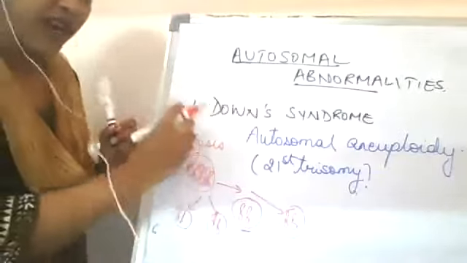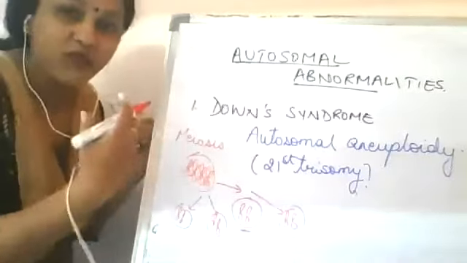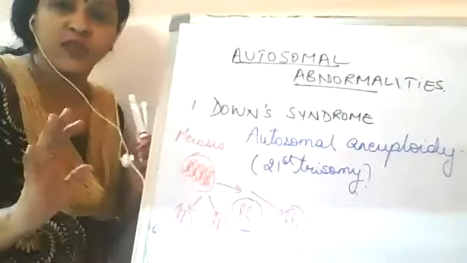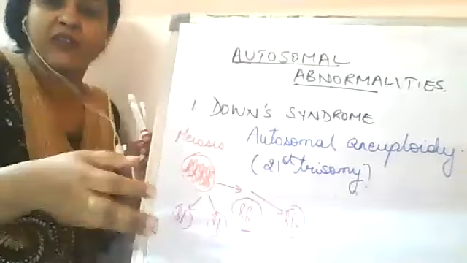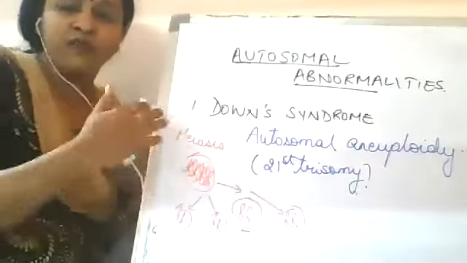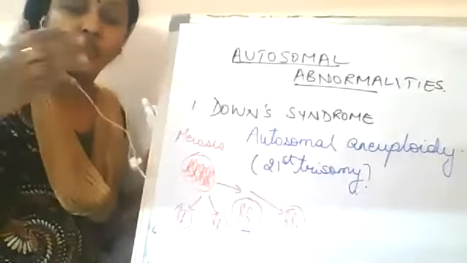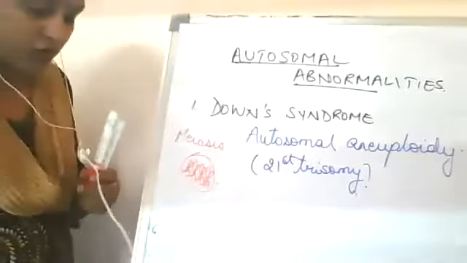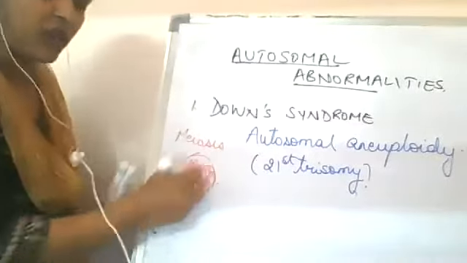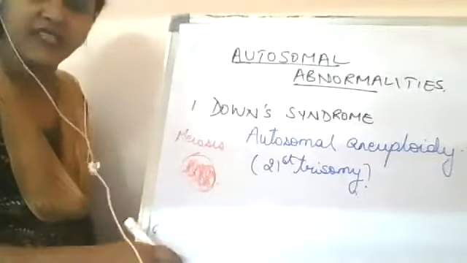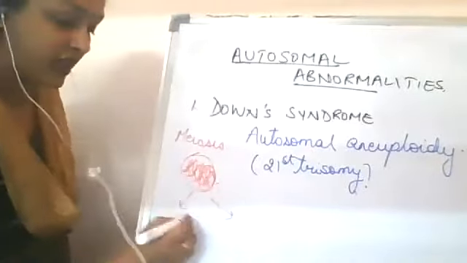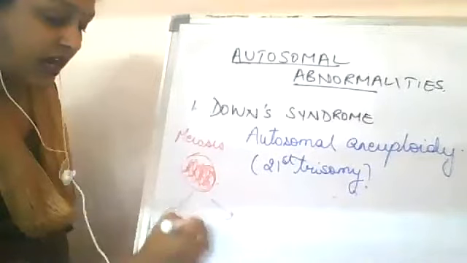Now suppose that while the homologous chromosomes are separating, one homologous pair fails to separate. They say, we will not separate. We will either go together, live together, or die together. What will happen after the first meiotic division?